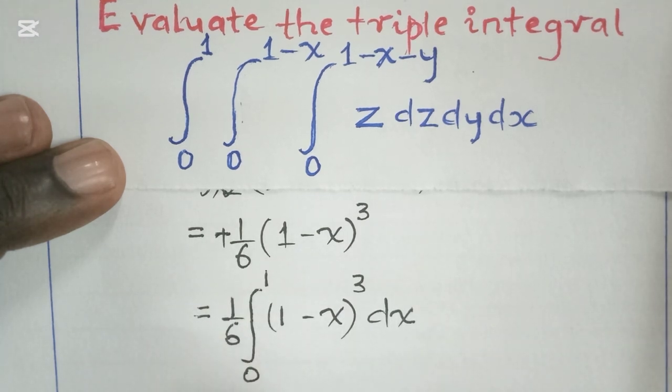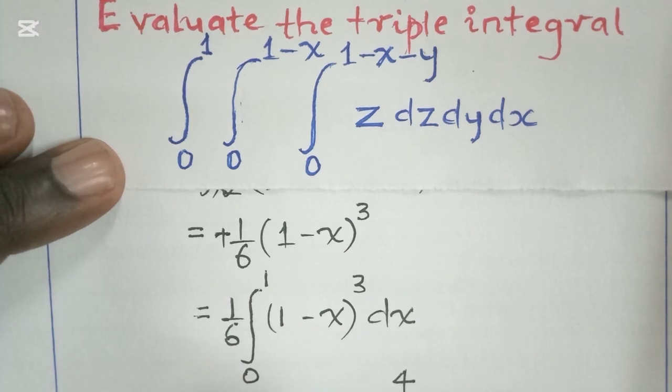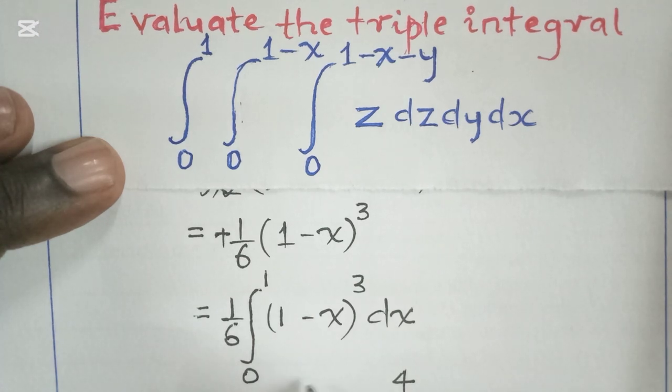Then we shall get 1 minus x raised to 4 all over 4, and because of this minus, we shall have a minus here. And we still have 1 over 6 at this position.